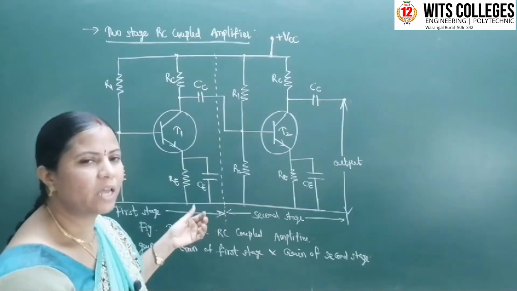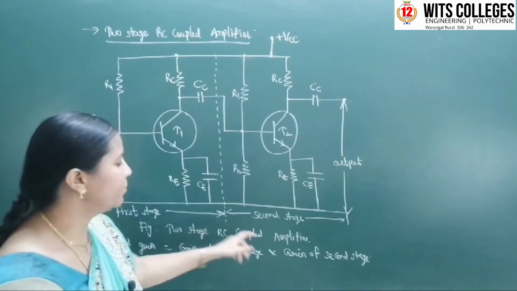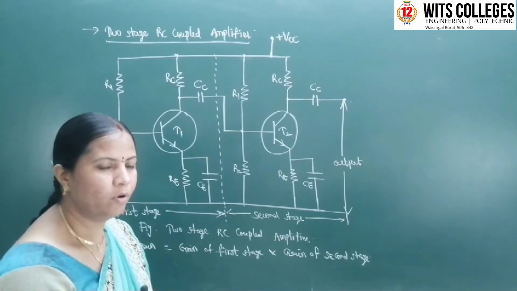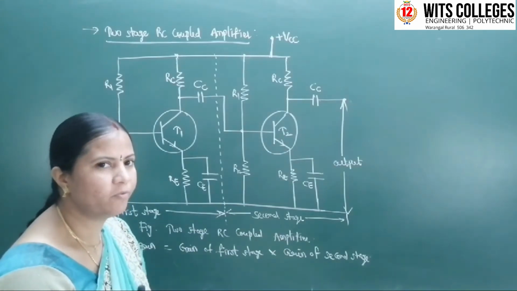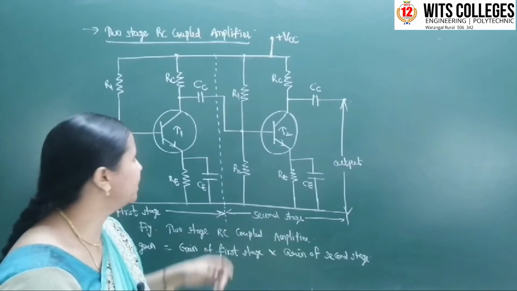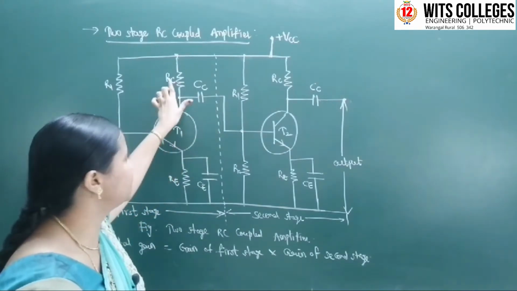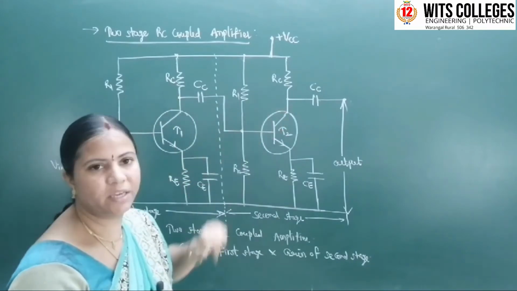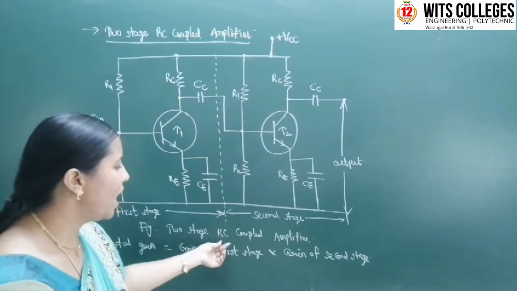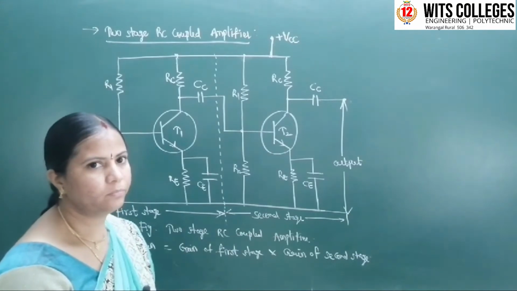That's why the circuit is known as RC coupled amplifier. Why do we name it RC coupled amplifier? The coupling is done by the coupling capacitor along with the shunt resistor RC. That's why it is known as RC coupled amplifier.